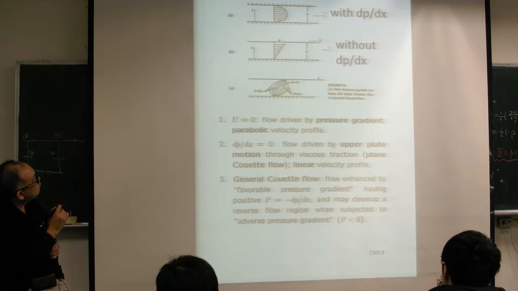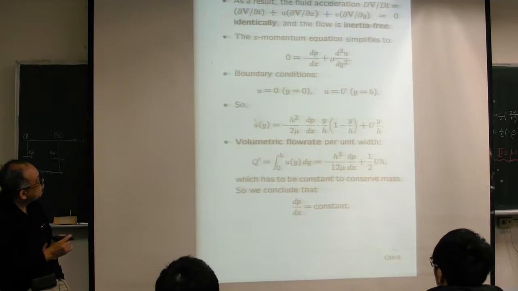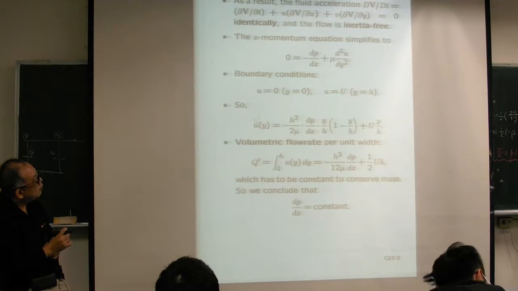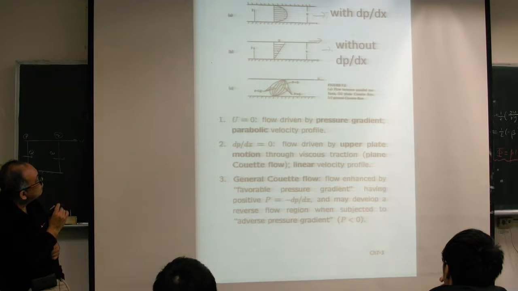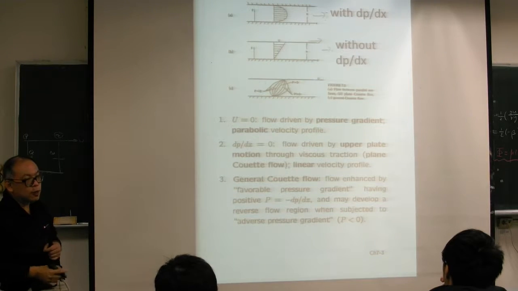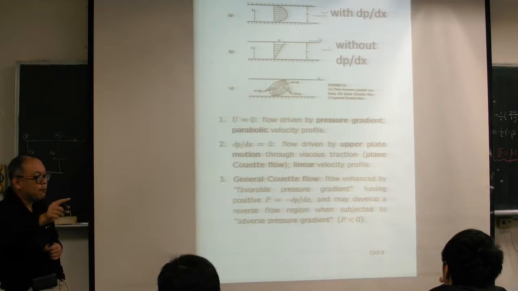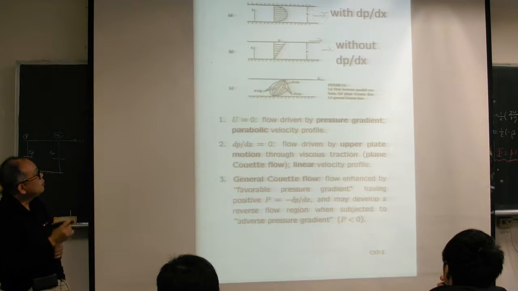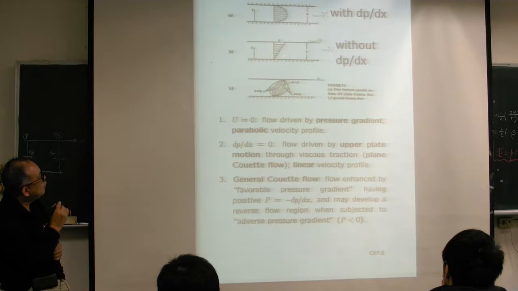This gives you this flow field. It is linear, Uy over h. At different y locations we have this velocity. So this is the Couette flow you learned before, only the upper surface moving without any pressure gradient. This is the second case, plane Couette flow, with a linear velocity profile.